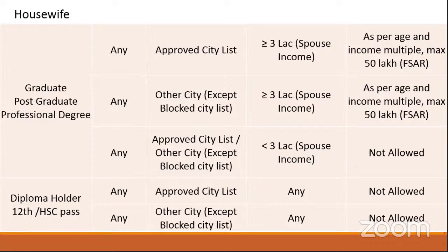One thing we must remember is that if a housewife is given any sum assured, her husband should have at least double of that sum assured. So if a housewife is being given, let's suppose, 25 lakhs of sum assured, her husband must have at least 50 lakhs of sum assured. Then only that can be given.